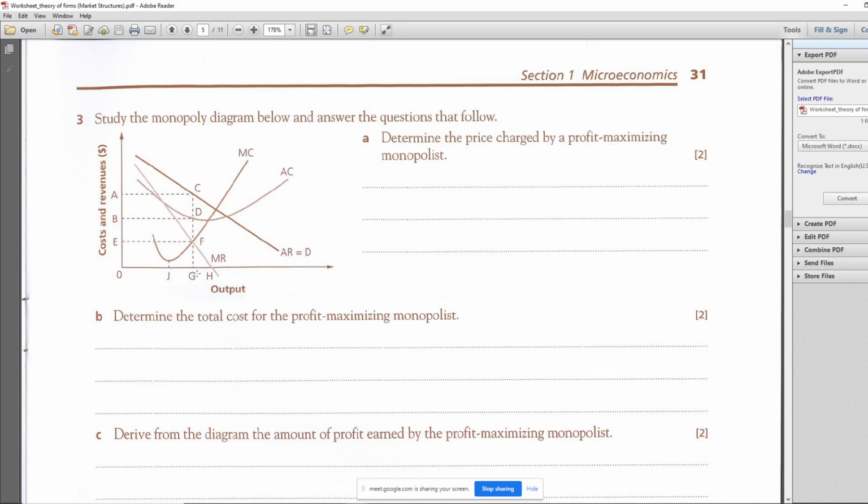First of all, you tell the examiner, look, the monopolist is not going to produce the output where MC is equal to MB, or MC is equal to P, or MC is equal to D, whatever that is, as long as you're talking about this point here. That's the first thing you should talk about.